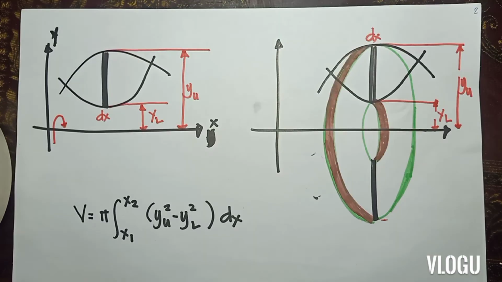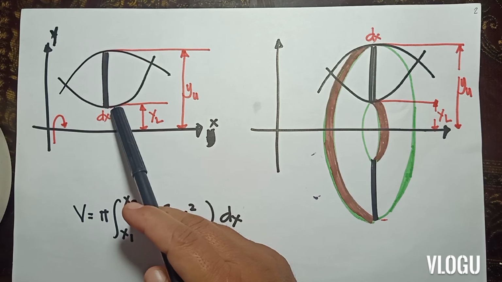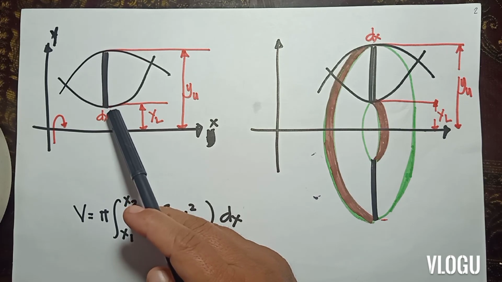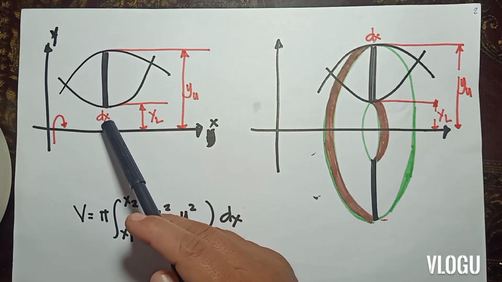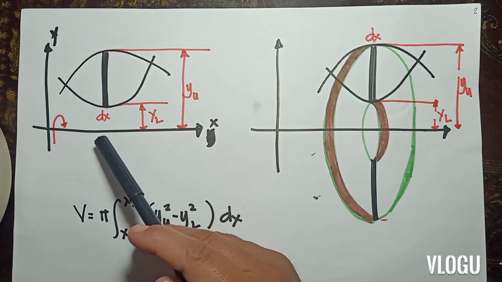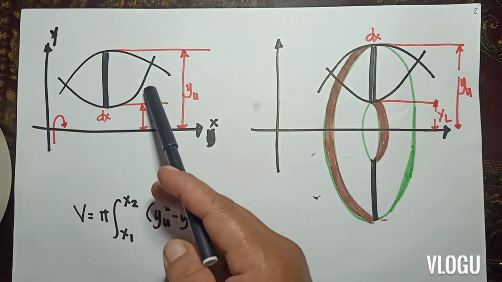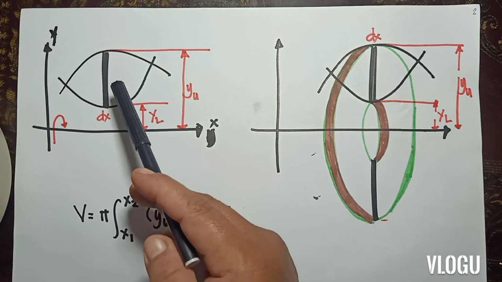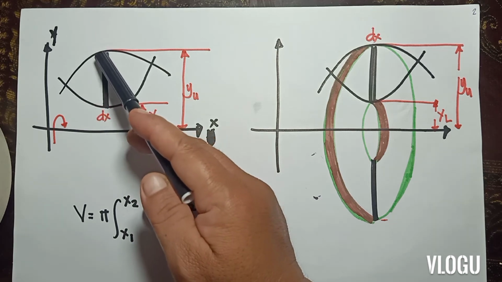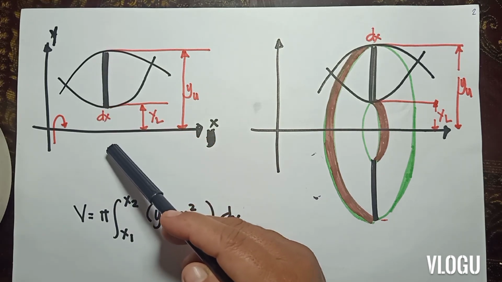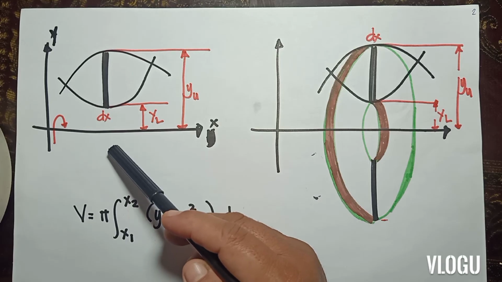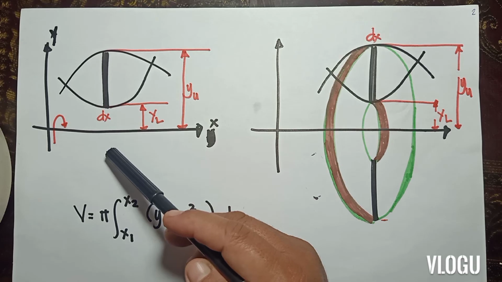Okay, the next example. Here we want to find the volume of the solid formed by revolving about the x-axis. So here we have two curves, and then we are going to get a small strip here. Because your strip is vertical, that is dx, and we are going to revolve that about the x-axis.